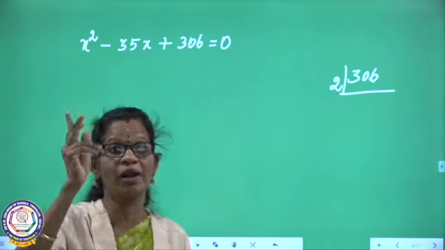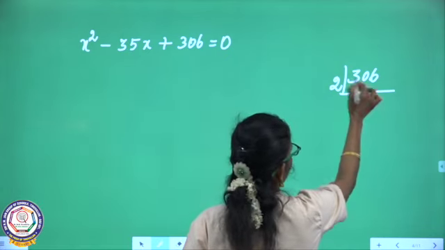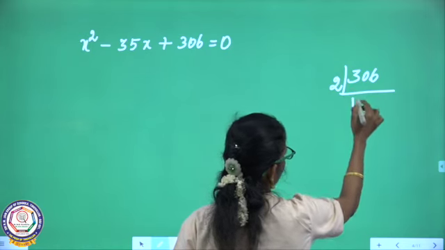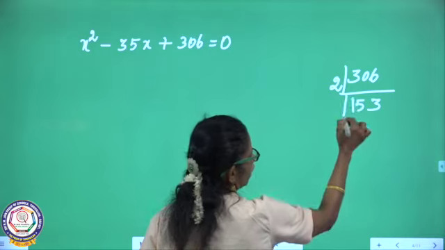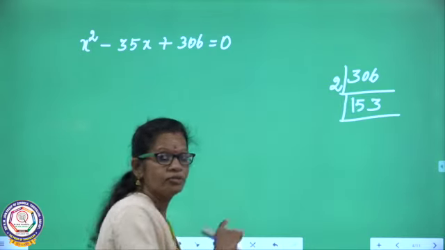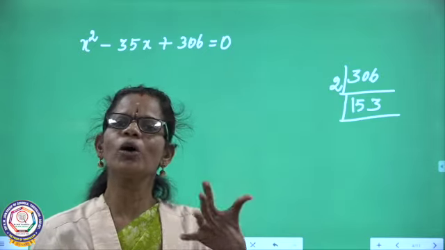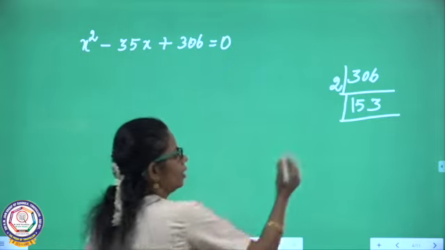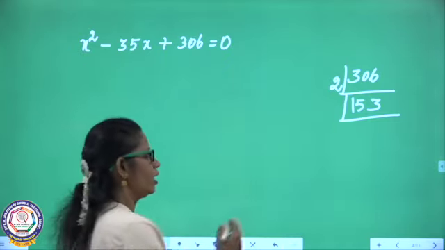Always you should use prime numbers, right? 2 ones are 2, remaining 1, 10, 5, 3. Again, when you add the digits, you will get a multiple of 3. So you can divide by 3. You should recall the known concept, in the sense the divisibility conditions you learnt, right?